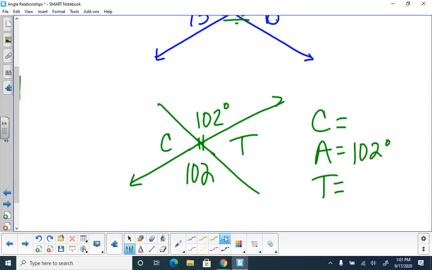I had to subtract 180 minus 102. So we discovered C was 78, which means T has to be 78.